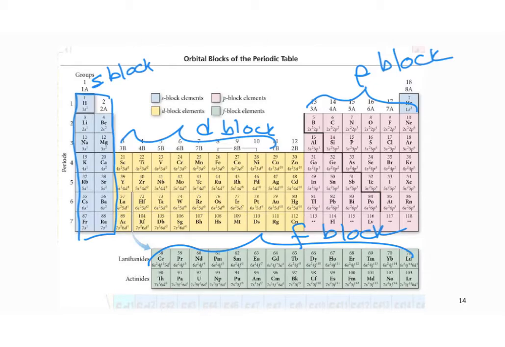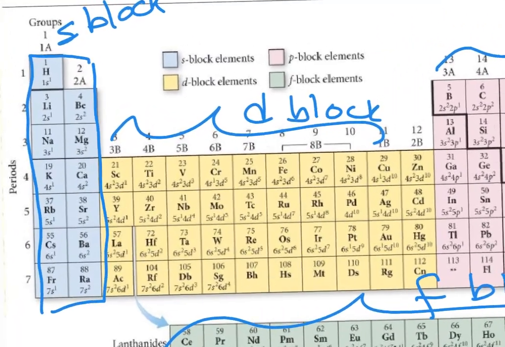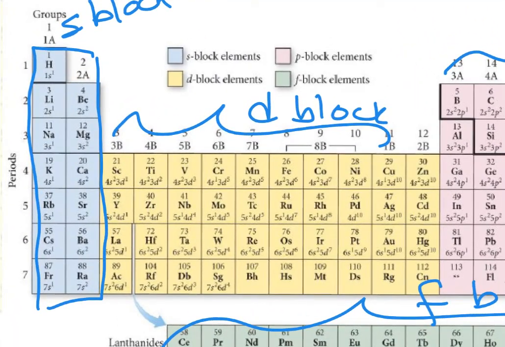Well, if you were to write out the electron configuration of each element in the periodic table, I'm going to make it bigger. So here is the electron configuration at the bottom. See that for all of them?